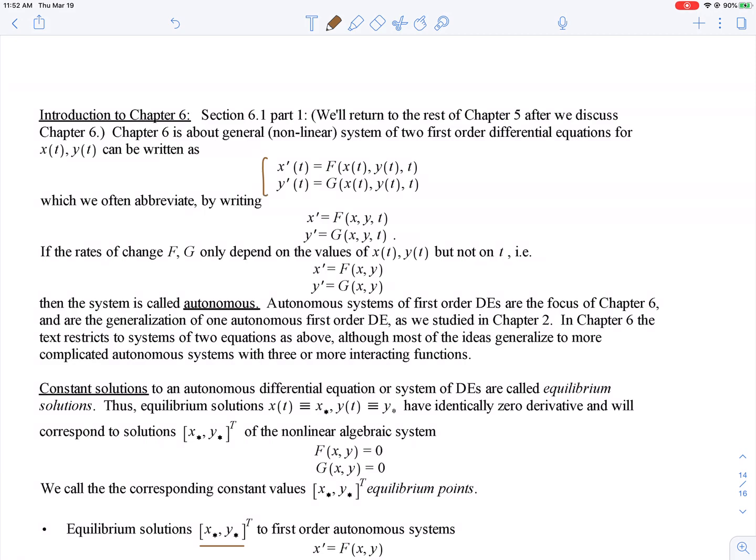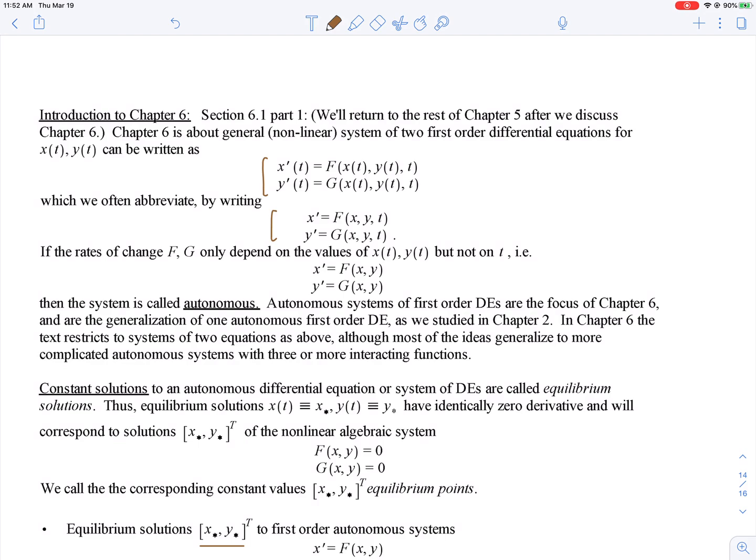And as we did when we were considering single differential equations, we often write this system in abbreviated form by suppressing the t-dependence of the functions we're considering. So we could rewrite that system as x prime is f of x, y, t and y prime is g of x, y, t.